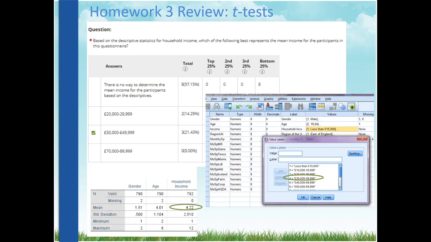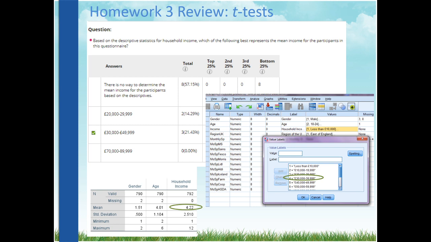So what you had to do first was to look at the average, and that's the bottom left. The mean is 4.22. But because this is a categorical variable, 4.22 doesn't necessarily mean anything.